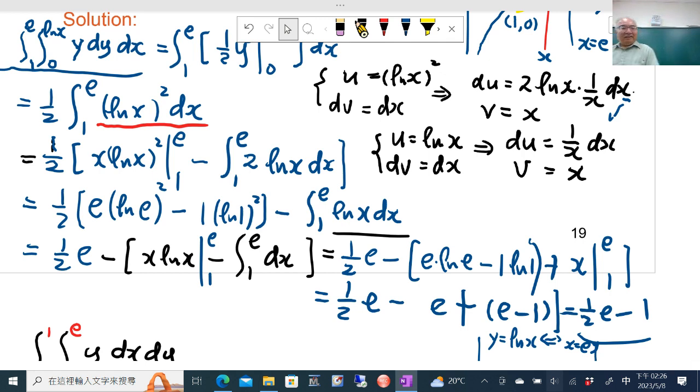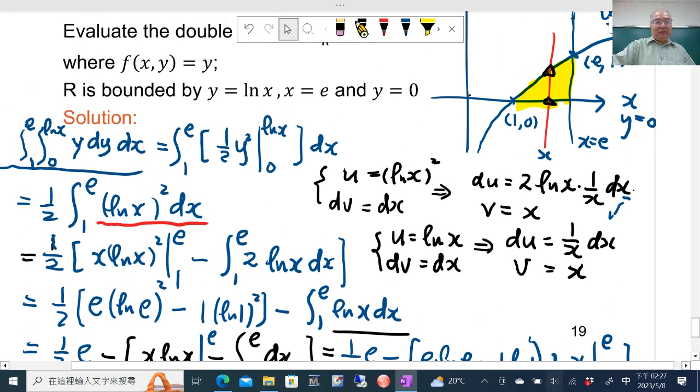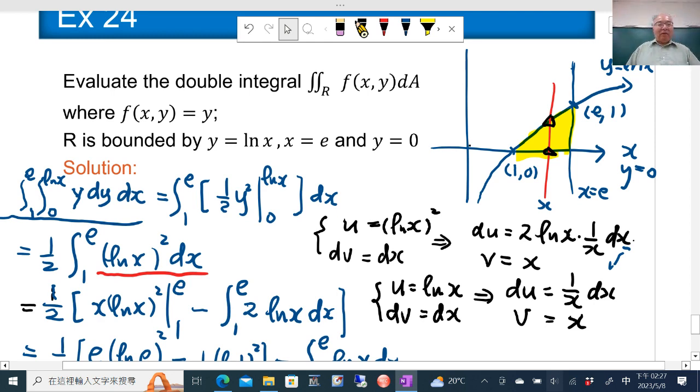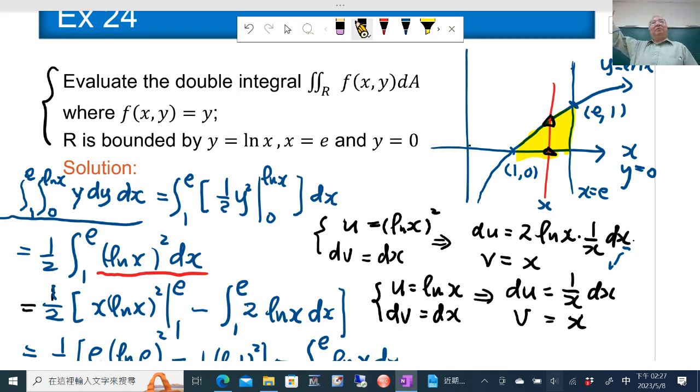Okay, and for this exercise, you have a choice, but sometimes you have no choice. And certainly you will see that in your review test. You have no choice. You need to change the order. So to make sure you have this capability, I would suggest starting with the description, draw the picture, and change the order.